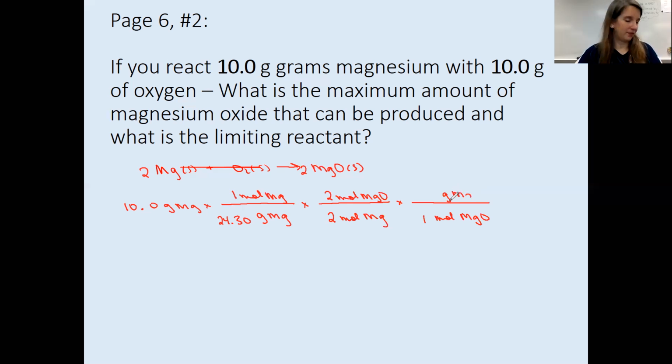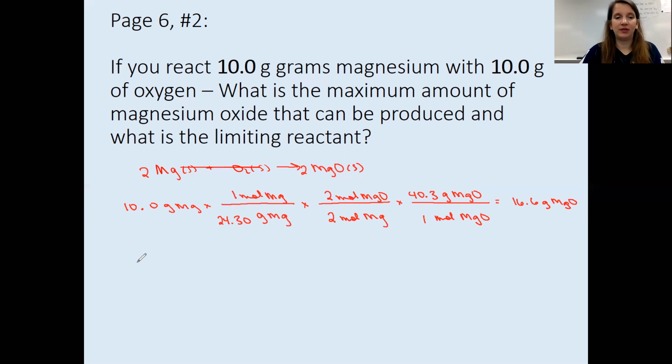And up here, since we have grams, we need the molar mass of magnesium oxide, so that's 40.3. So we'll go ahead and solve, and we should be making 16.6 grams from the magnesium.